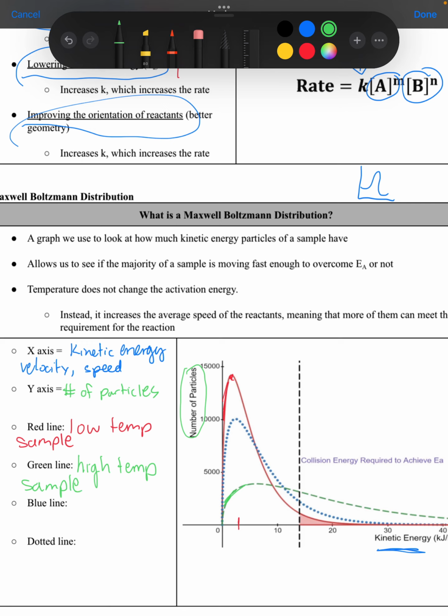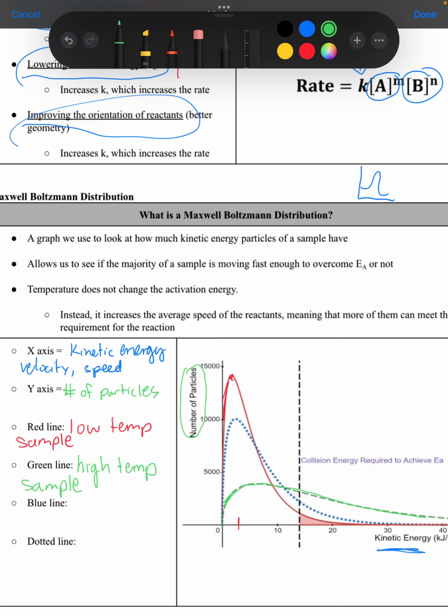So we see a startling shift there. We see that the peak is not nearly as high, but we also see that this green line extends much farther into a higher zone of kinetic energy. So what's happening here is you increase the temperature of a sample. It's not that every single particle is moving the exact same amount faster.